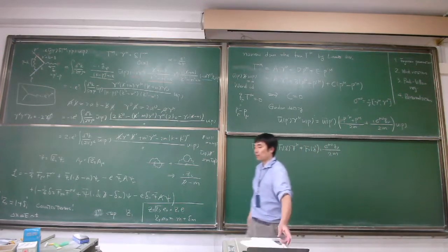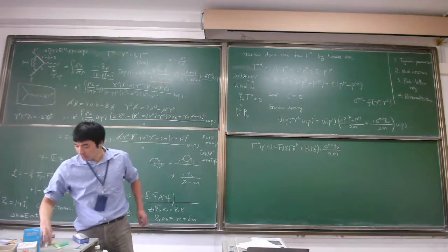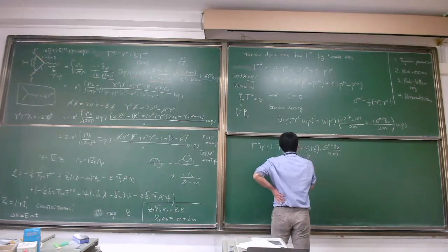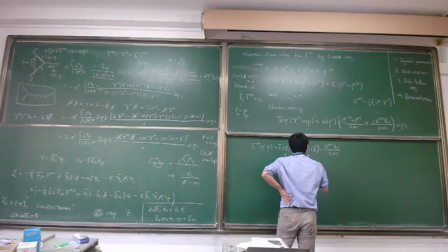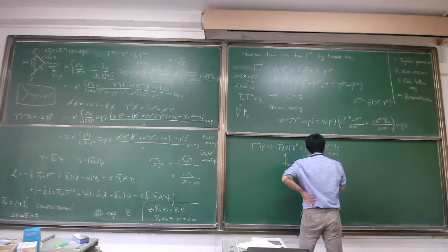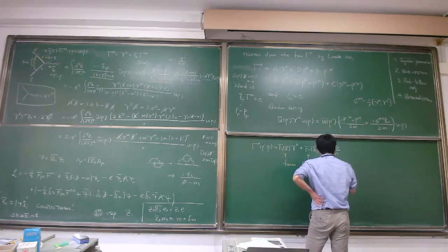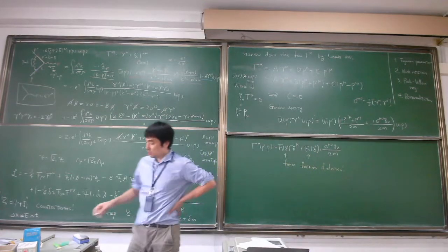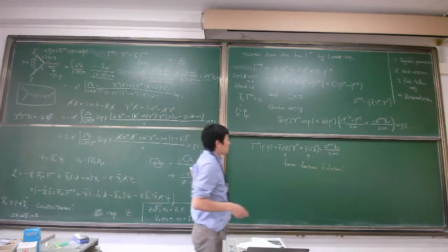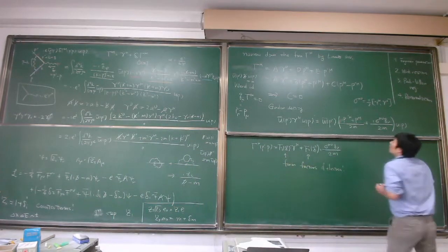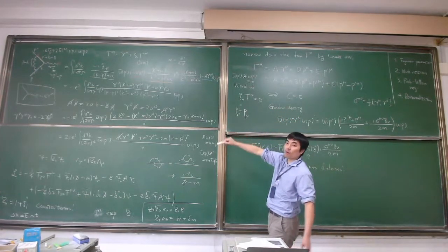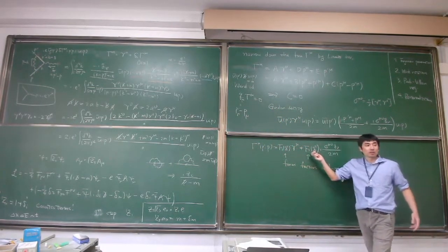This F1 and F2 is famously called the form factor of the electron. By performing this integral, we will determine F1 and F2 from now on.